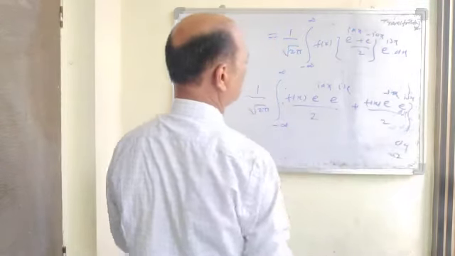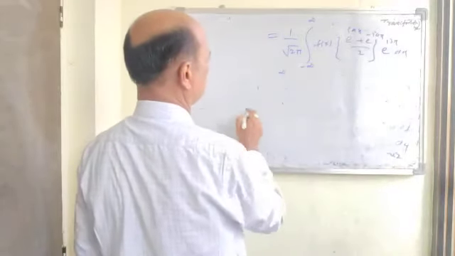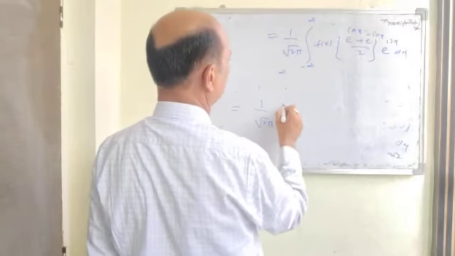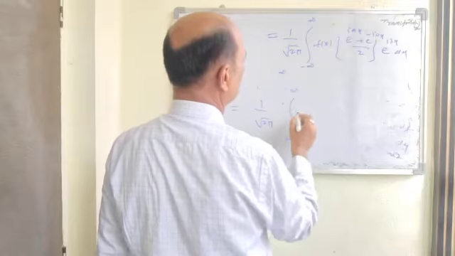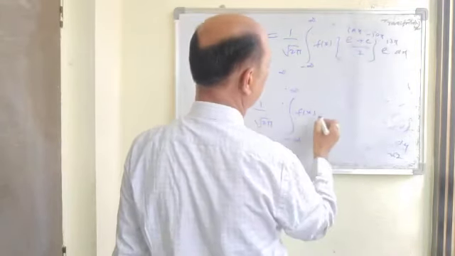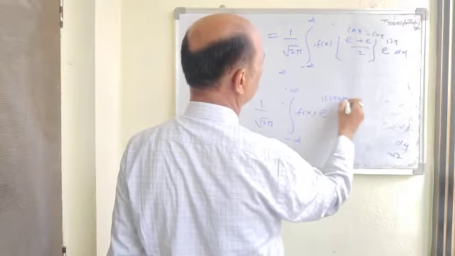So we can separate this now. If we separate this, what will happen? That is equal to 1 upon root 2 pi into integration from minus infinity to infinity f of x, this is e to the power iax, e to the power isx, so that is e to the power i(s plus a)x dx.